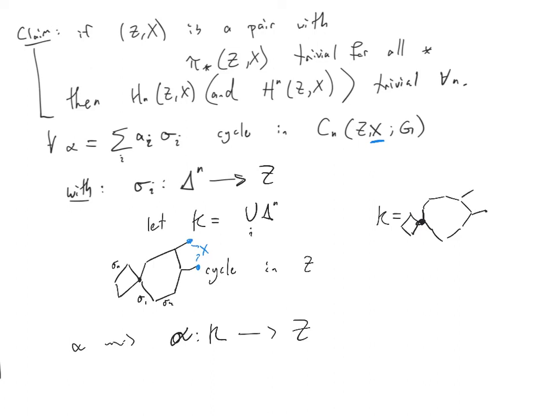Here's what K kind of looks like. So it has to be a cycle landing in Z minus X.